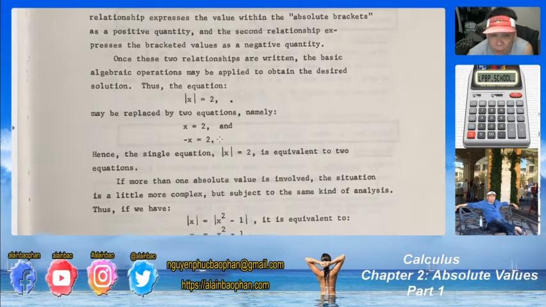Okay, it's exactly the same. So right now the single equation absolute of x equal 2 is equivalent to two equations, x equal 2 and minus x equal 2, or x equal minus 2. So when we deal with absolute value, we always break it down into two equations.